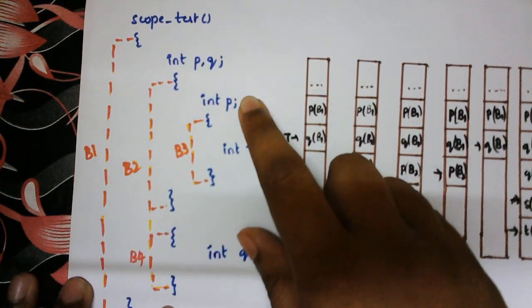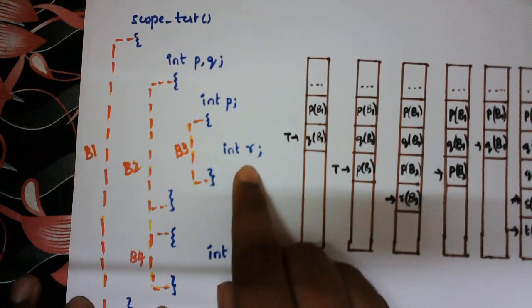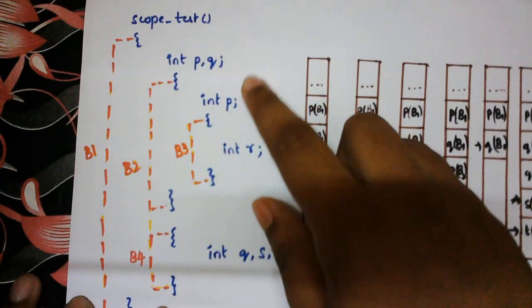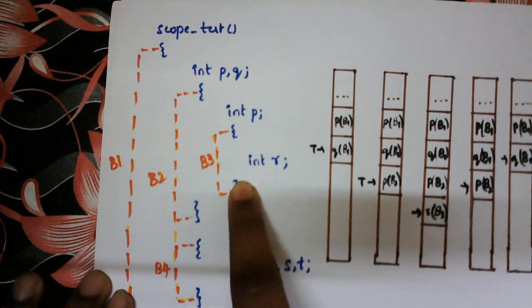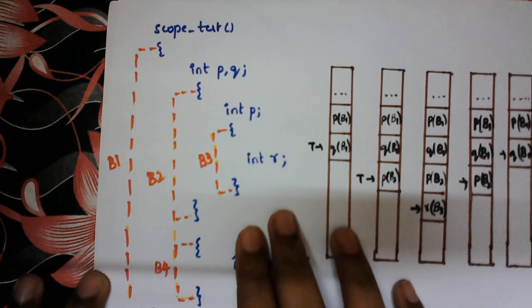In the same way we are declaring B3. We are opening and closing B3 in which R is declared. So R is local for B3 and all the others are non-local for B3. These are procedures which are declared inside other procedures, so these are nested procedures.